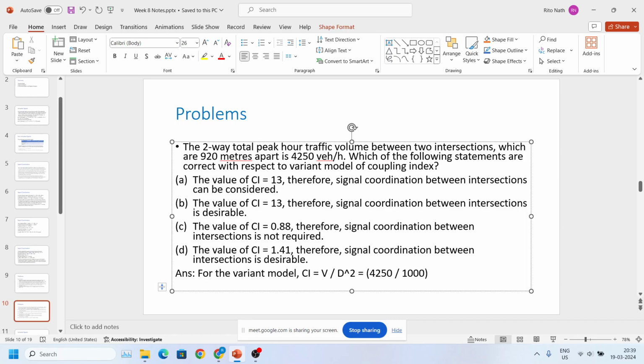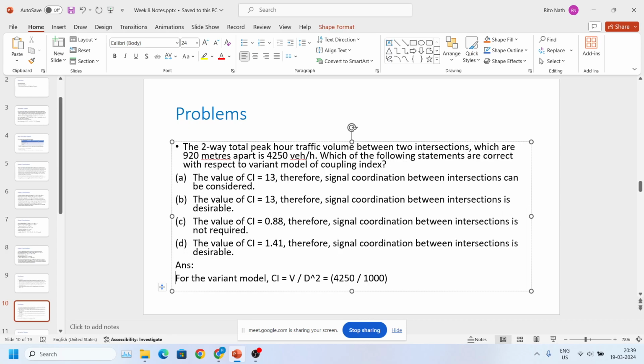For the D, you convert 920 meters into miles.